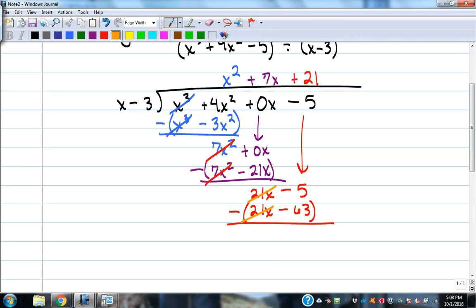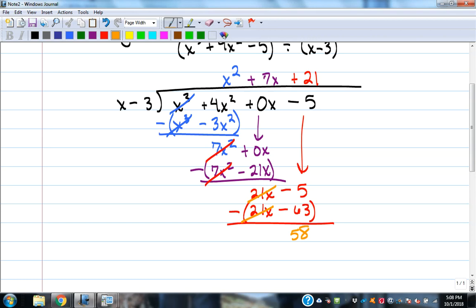We have negative 5 minus negative 63. So that'd be negative 5 plus 63, which would be 58. Is there anything times x that will get me 58? No. This is a smaller degree than what I'm dividing by, so I know I'm done. That right there is my remainder.